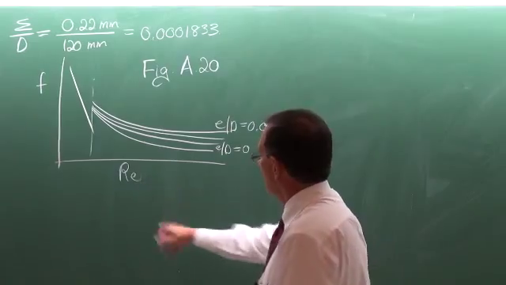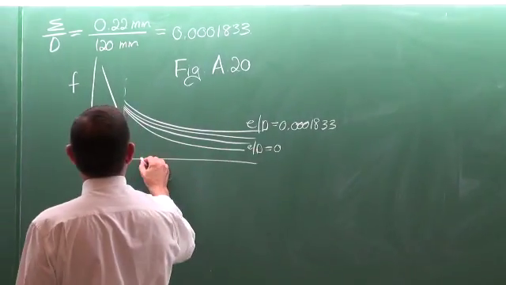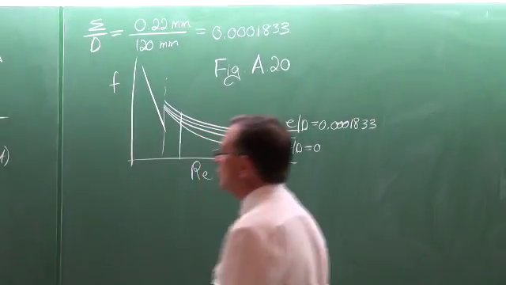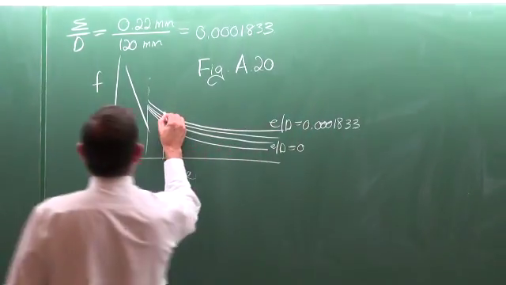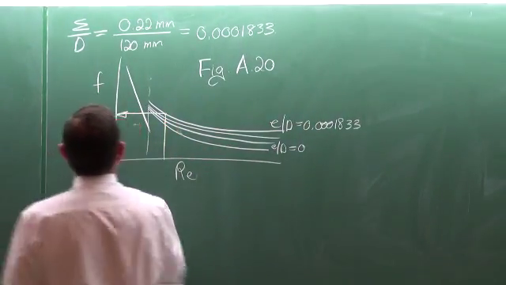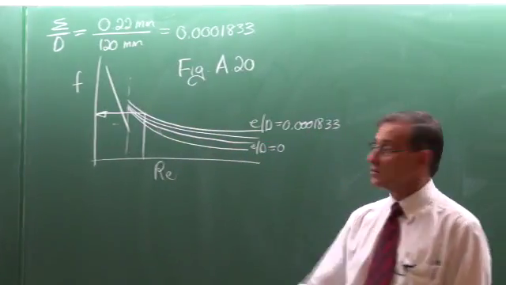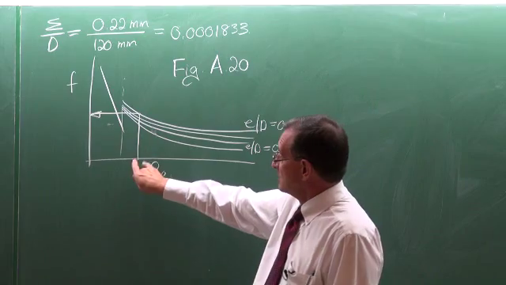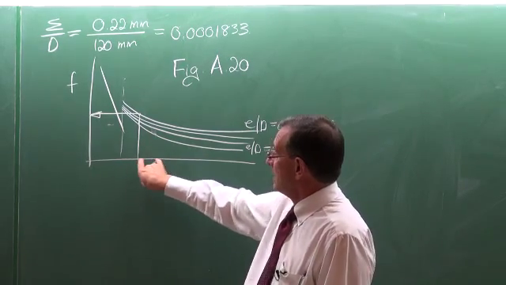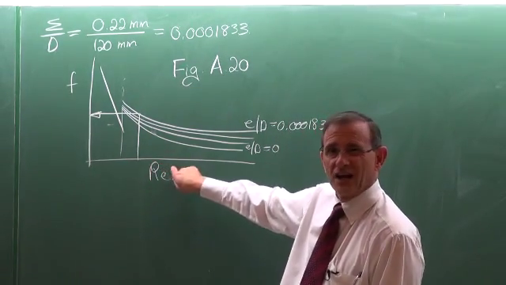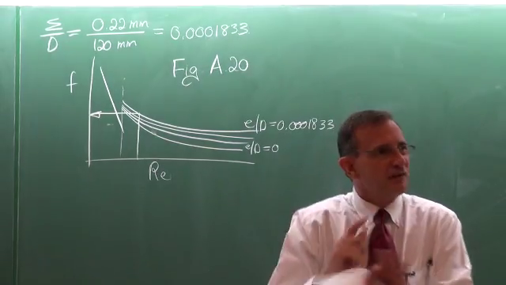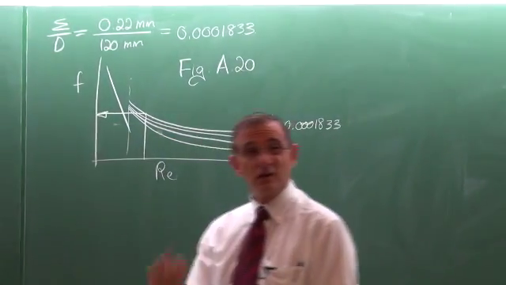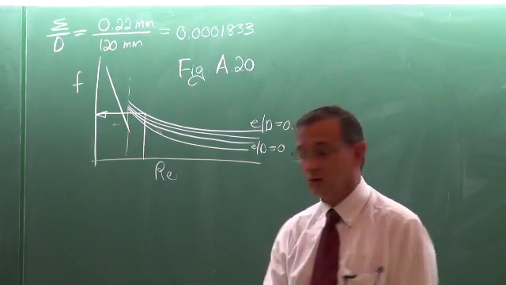So you can go and look at the Reynolds number of 37,785, and from there you can get the friction factor. Okay. However, you will see that these lines are very, very close to each other, and the Reynolds number scale here is a log scale. So it is very difficult to read. You can get the order of magnitude, but to get a very accurate value is very difficult.